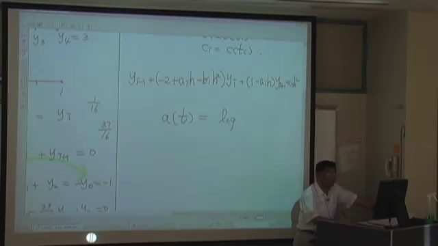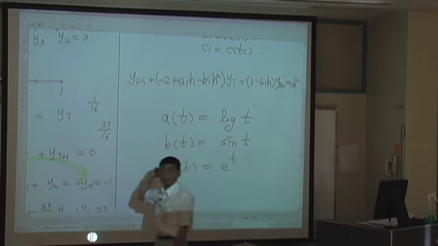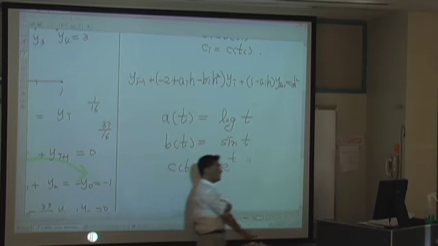Log t. And b(t) is sine t. C(t) is exponential t, right? So any function can be there. Then we can calculate the value.